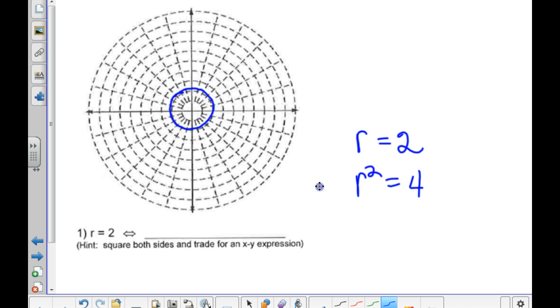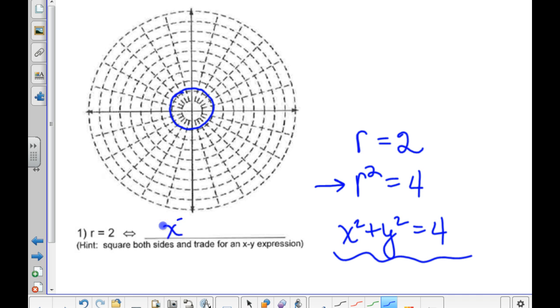What did we say r squared was equal to a few minutes ago? x squared plus y squared, Carolyn said. Is that the equation of that same circle? Center 0, 0, radius of 2. So that's what goes on this blank, and that's what we got for a graph.